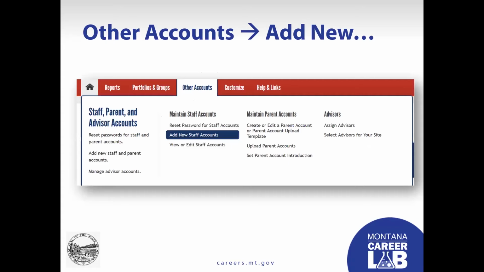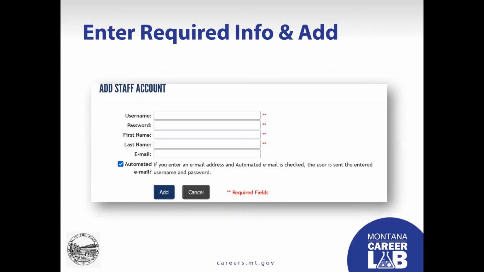All right. So here is the process on creating a new staff account. So you're going to go to other accounts, and then you're going to click on add a new staff account. And then once you do that, this pops up and you're going to type in a username for them and a password, which is a temporary password.